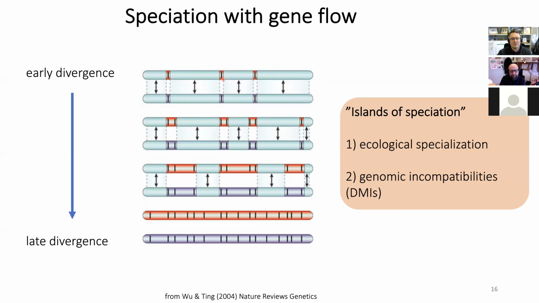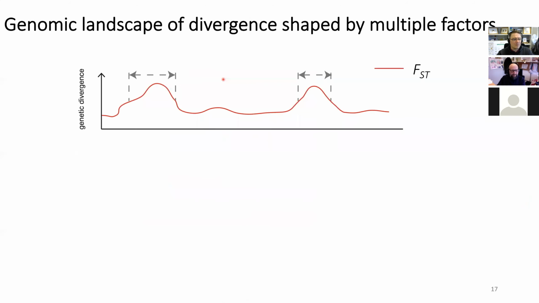It's been a pretty popular thing to do to scan the genomes of fairly closely related species in order to try to understand what the genetic basis of these barriers to gene flow are. But it's been pointed out that there are actually multiple explanations for why you can have these peaks of divergence.